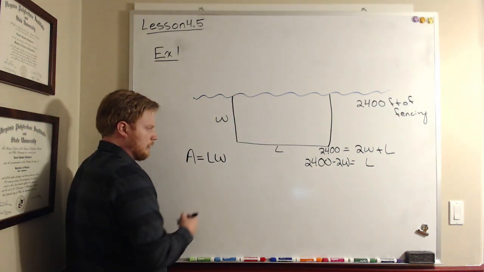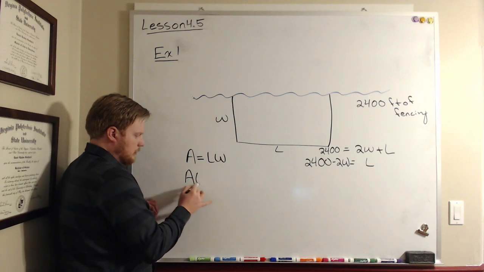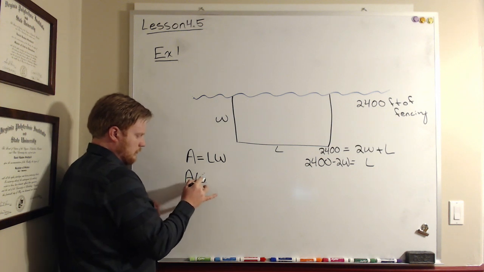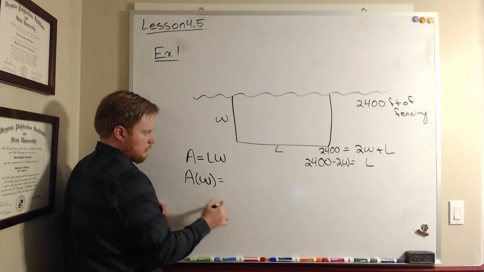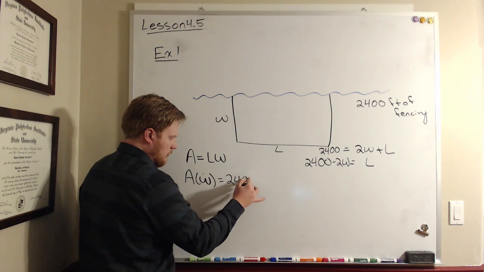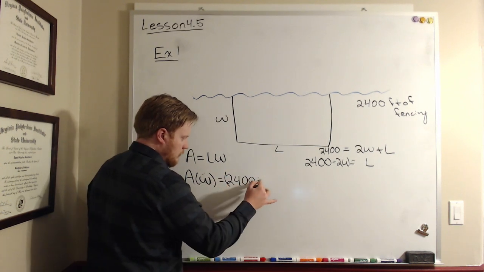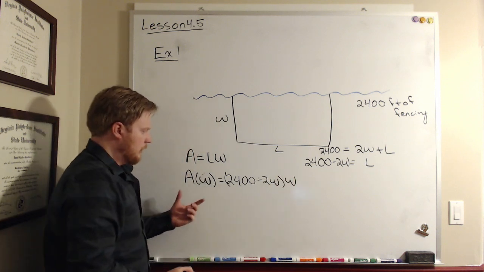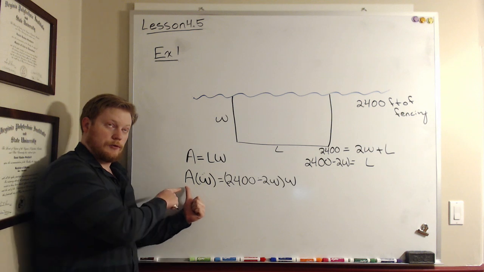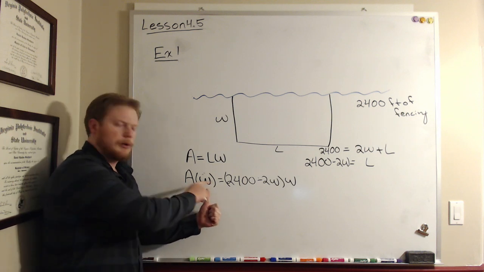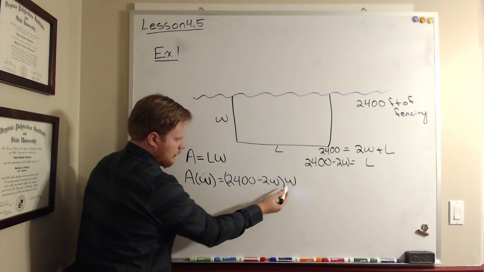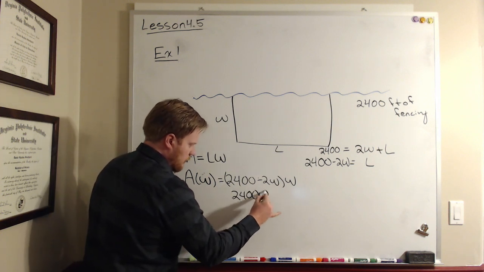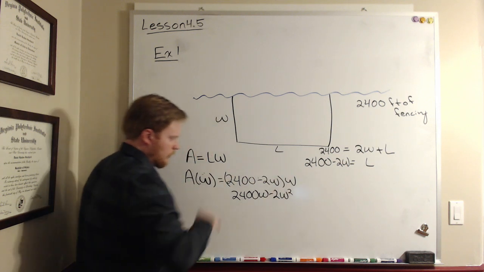Now, substituting L in here, I get a simple function. And this is a function for the area, and the independent variable is W. So let's go ahead and expand this. We get 2,400W minus 2W squared.